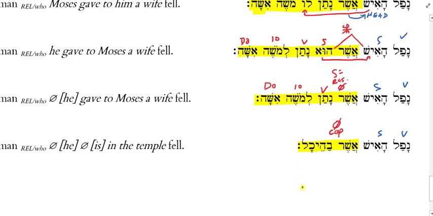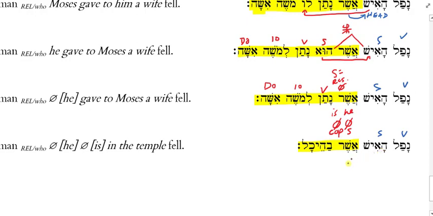What is in the temple? Some he is in the temple. Well, that subject is unstated as well, right? It's he. So it's the man, Asher, which he, the man, is Bahekal, in the temple. That man fell. So how would we translate this into English?